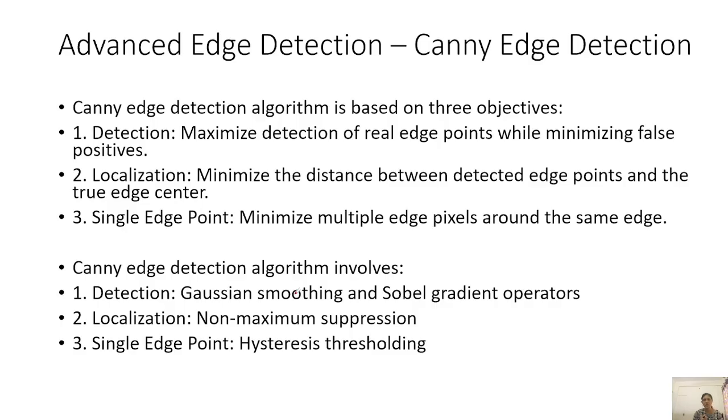In this detection we find the phase and the magnitude of the edges, and in the localization we do the non-maxima suppression. So in this we make sure whether a particular point is detected as an edge or not using non-maximum suppression or the phase quantization technique, and finally we find a single edge point using hysteresis thresholding.